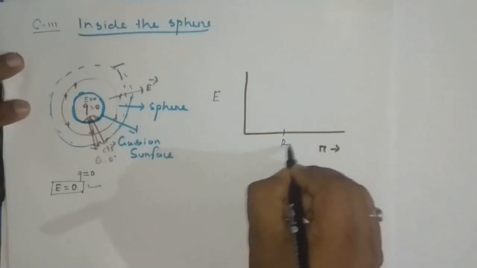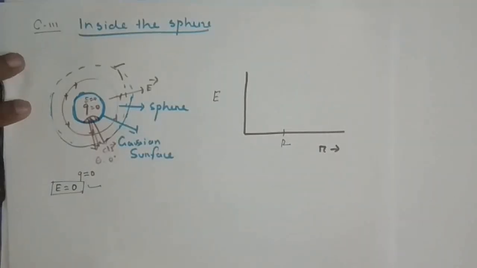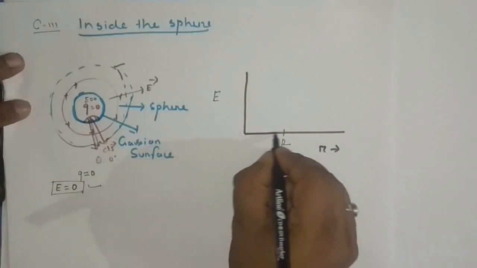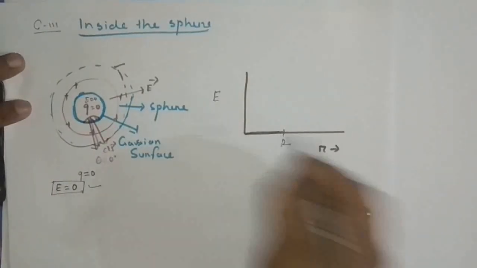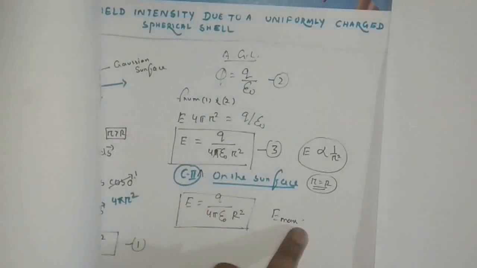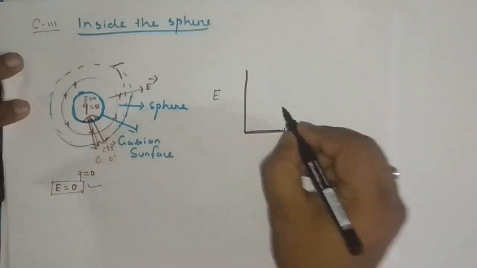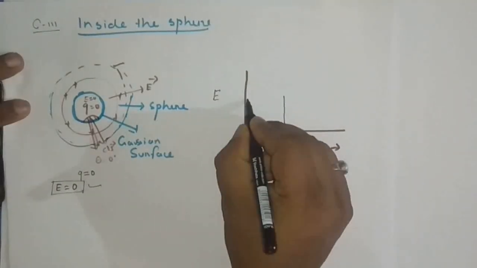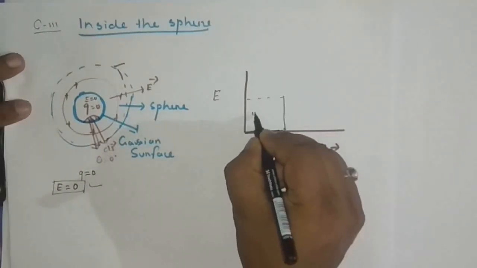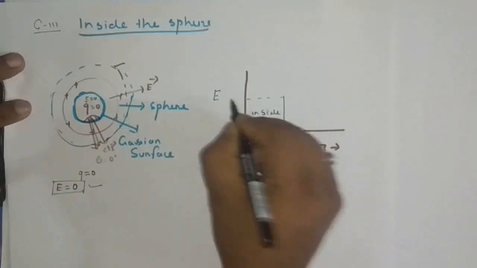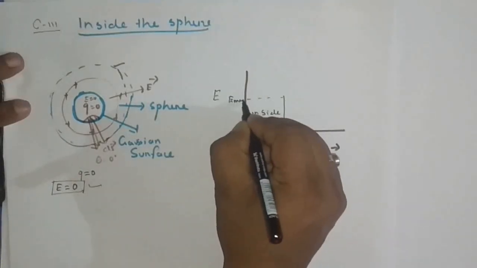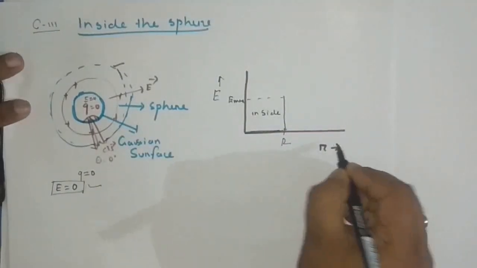Let this be my surface, so my point lies here. Then on the surface it is maximum. Let this be my maximum electric field. This is for inside. This is my E max.